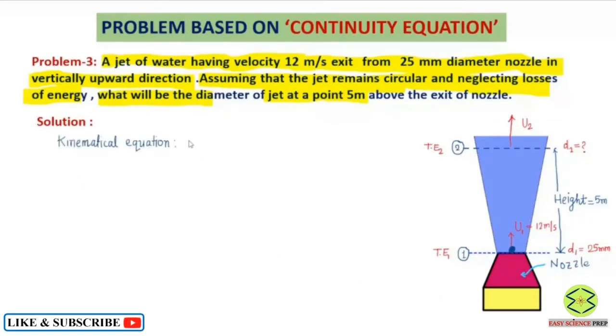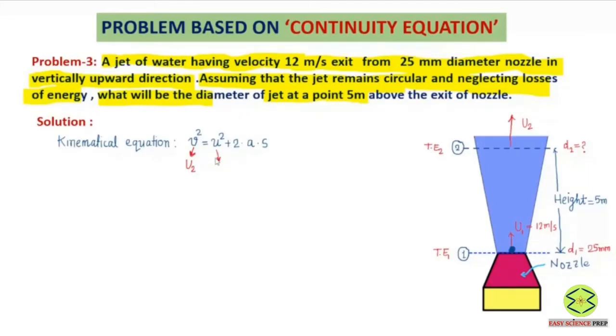So we have the kinematical equation v square equals u square plus 2as, where v is the final velocity of the particle, which is u2 in this case. u is the initial velocity of the particle, so in the given case it is u1, and a is the acceleration of the particle, where it is minus g here, and s is the displacement in the vertical direction. It is given by height.